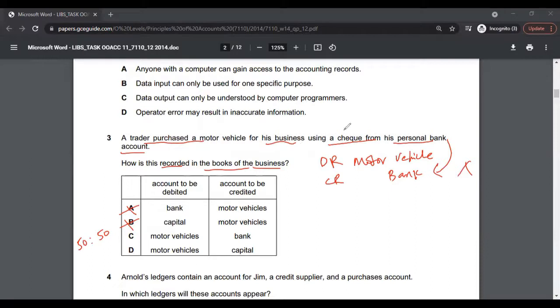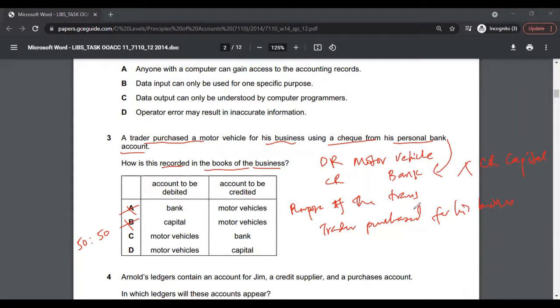You have to look at the purpose of the transaction, right? The purpose of the transaction is that the trader purchased it for his business. Therefore, he would credit capital. There's a capital inflow.